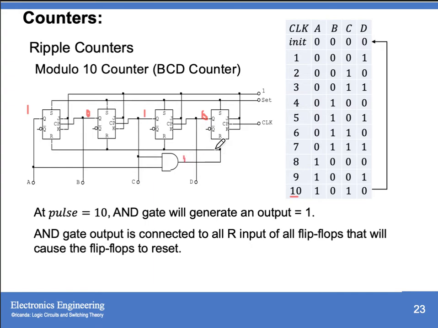And it is all connected to the reset input of your JK. So it will reset all your data back to its original value, which is your initial. So there are 10 pulses that your modulo counter can accept before it will reset to its initial value.